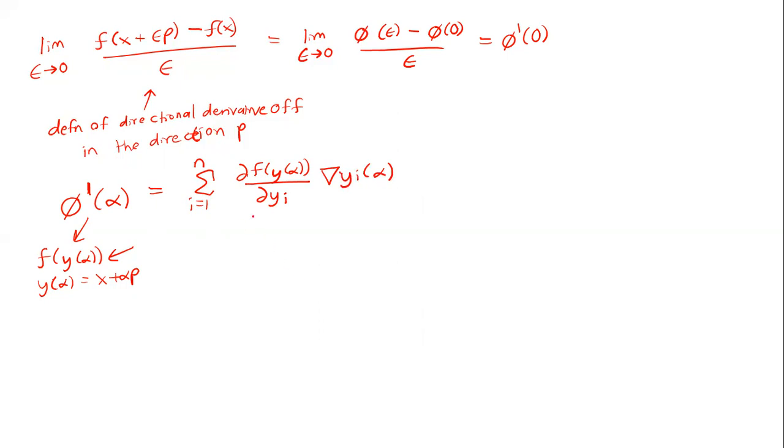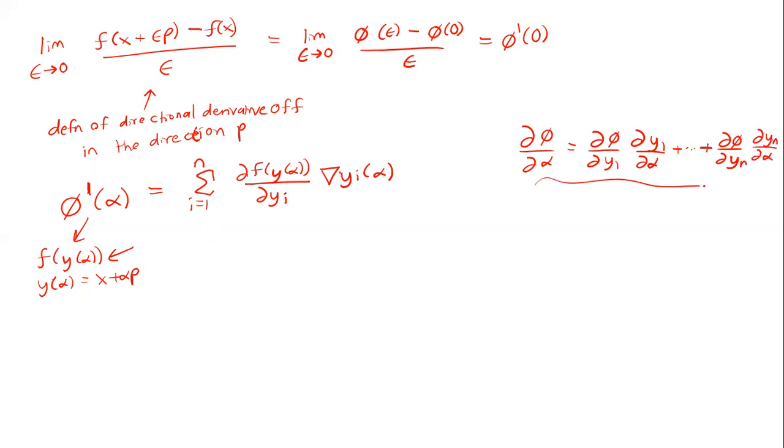The idea here being that if I want to do d phi over d alpha, it's going to equal d phi over dy_1 times dy_1 over d alpha plus dot dot dot plus d phi over dy_n, however many of these I have, n of them, times dy_n over d alpha. So here's the idea.